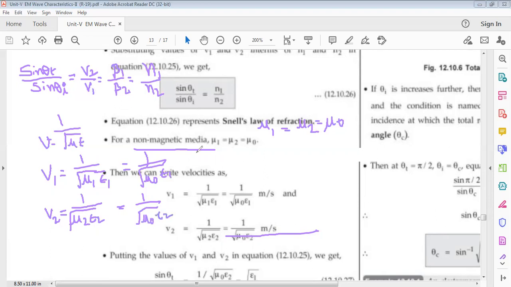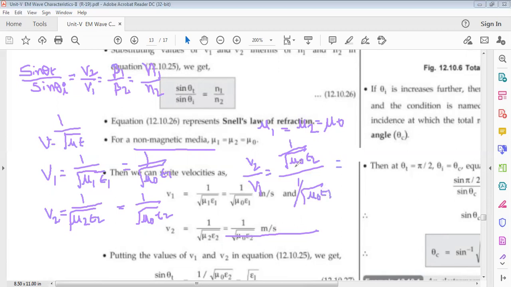So we know V2 by V1. What is V2 by V1? V2 by V1 is equal to 1 by the square root of mu naught epsilon 2, whole divided by 1 by the square root of mu naught epsilon 1.